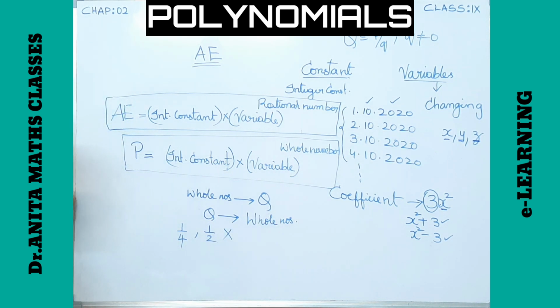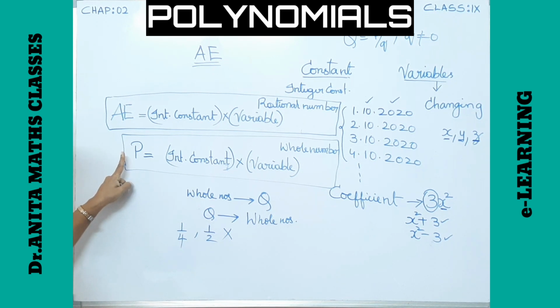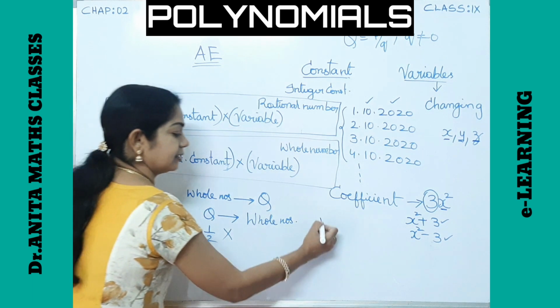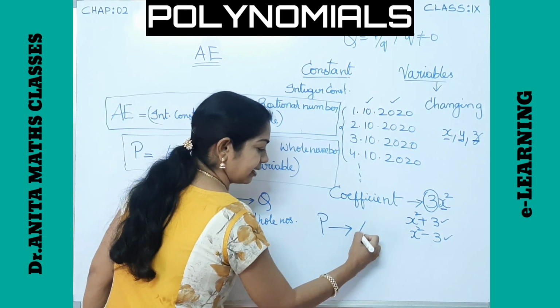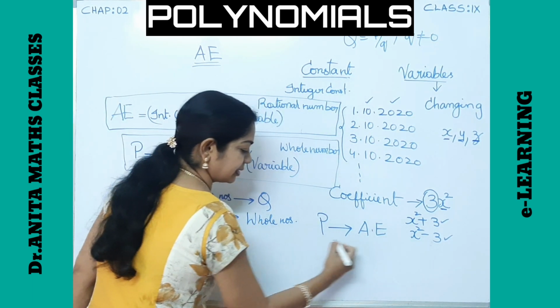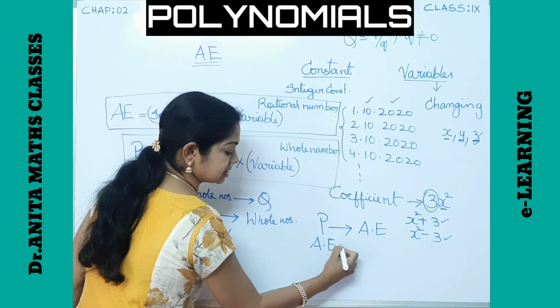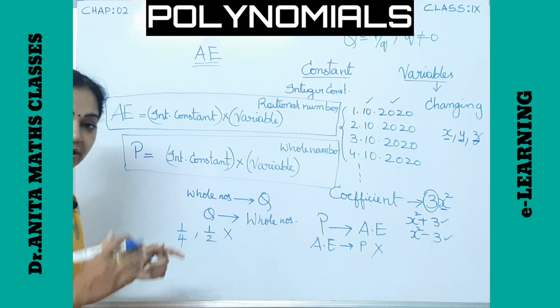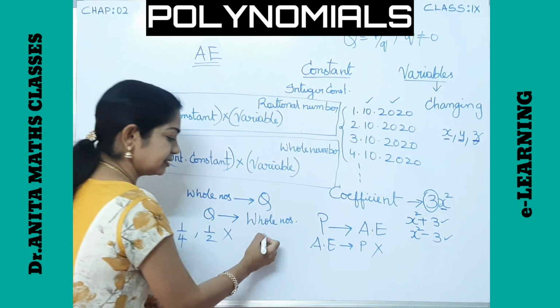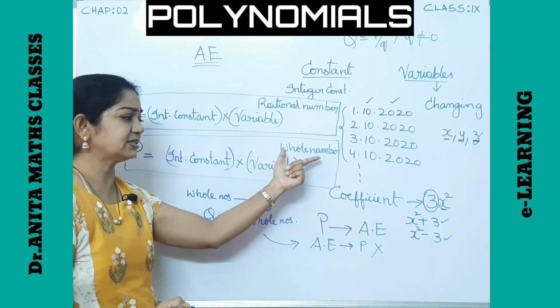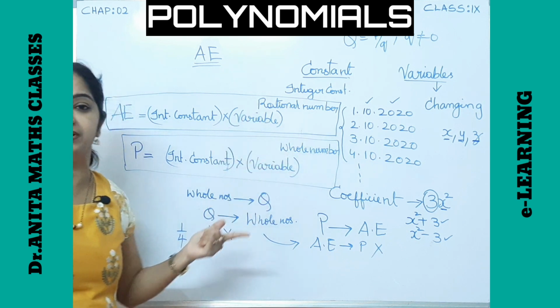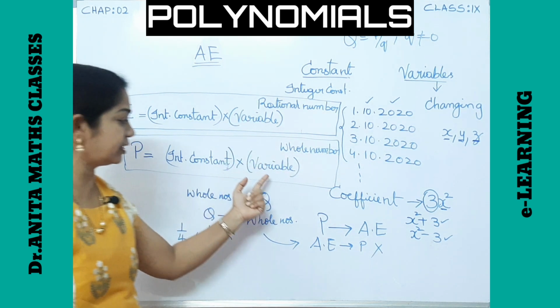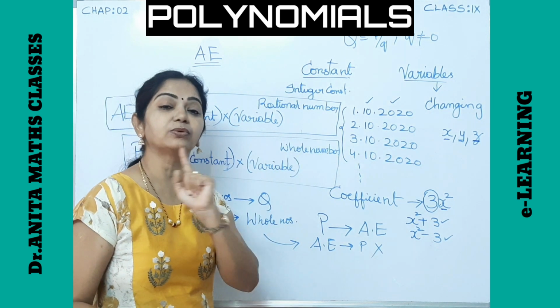So likewise, all polynomials can be algebraic expressions, but all algebraic expressions need not be polynomials, because in polynomials the exponent of the variable should be only whole numbers.